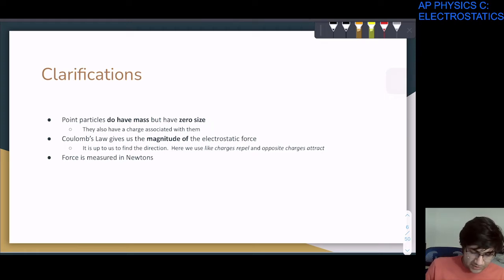Coulomb's law gives us the magnitude, right? But it's up to us to figure out the direction of that force. If you have two positive charges, we know the force is going to point outwards because they're going to repel. And if it's positive and negative, we know they're going to be attracted. And force is measured in newtons.